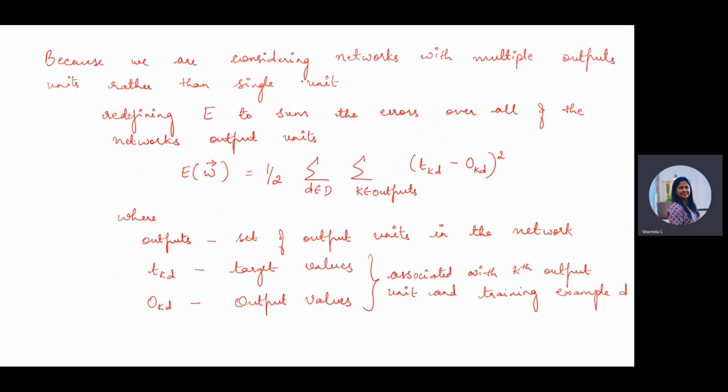Now, because we are considering networks with multiple output units rather than a single unit, we redefine the error function, or the loss function, to sum the errors over all of the network output units.